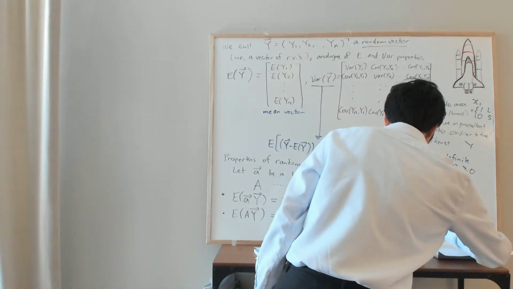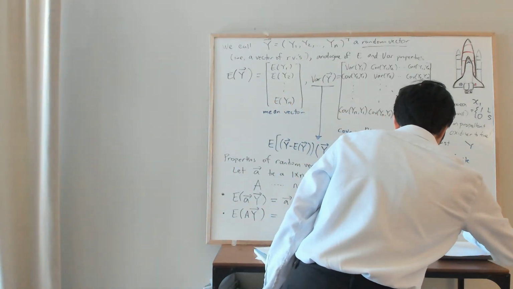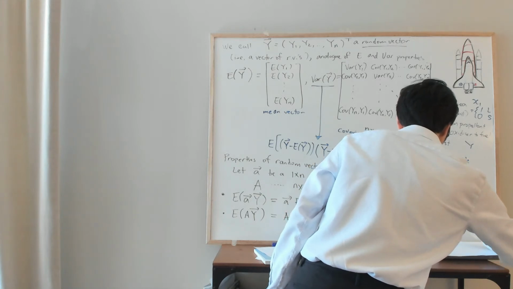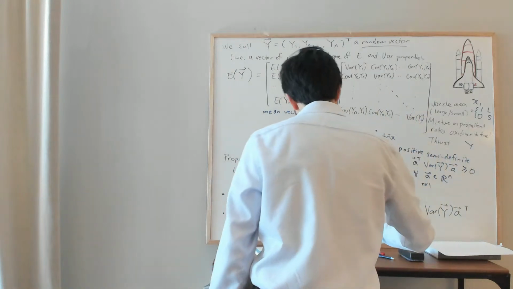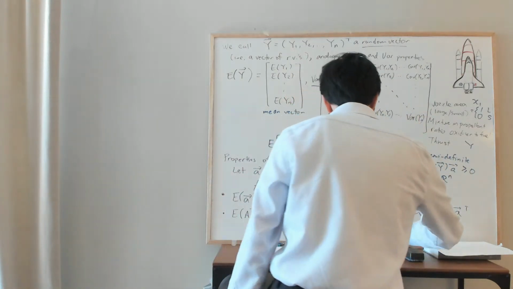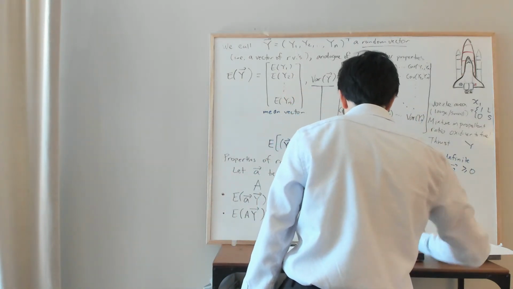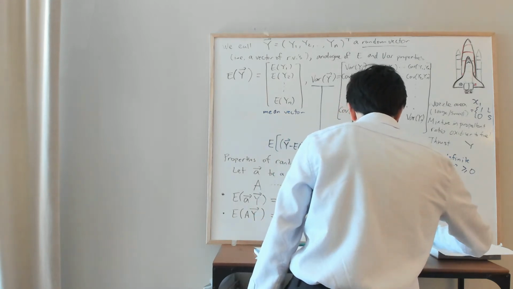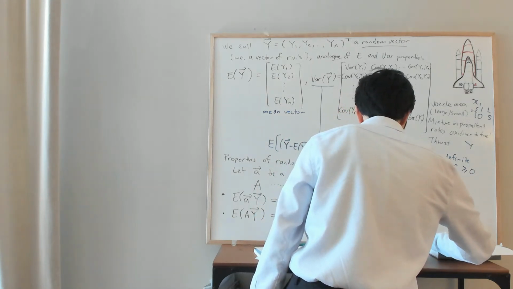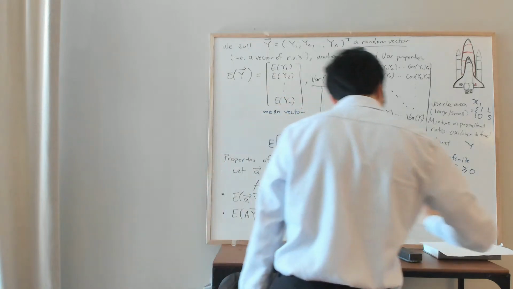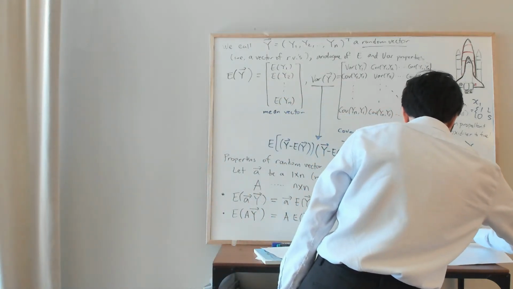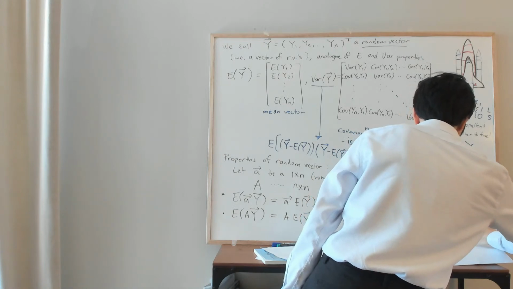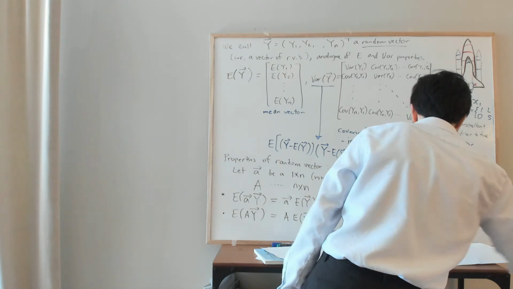So it looks like A, covariance matrix of Y, A transpose. And we have a similar expression for the matrix: A, covariance matrix, A transpose.